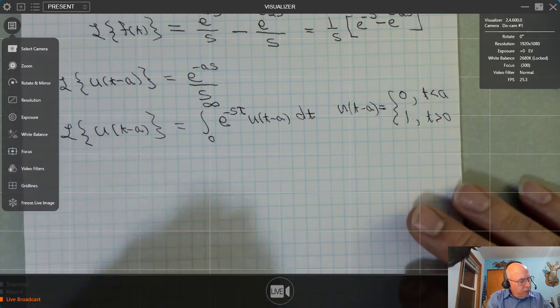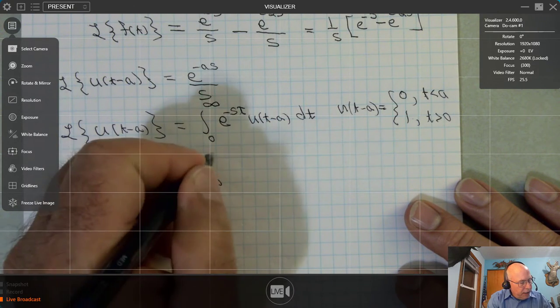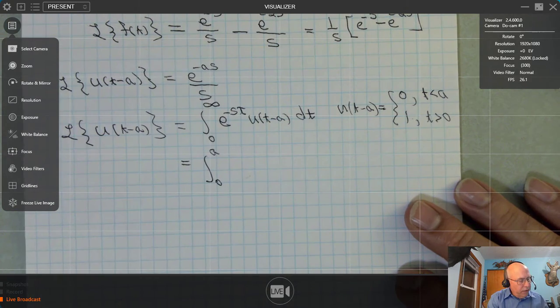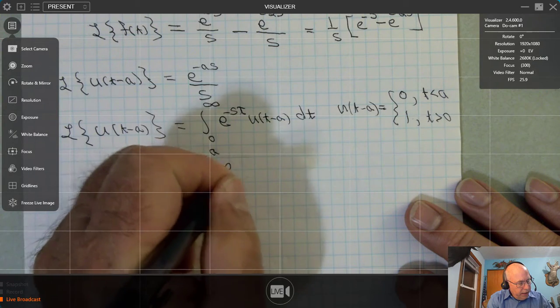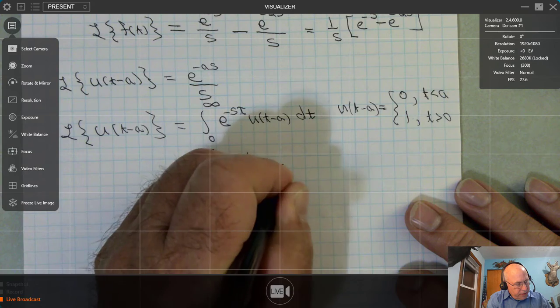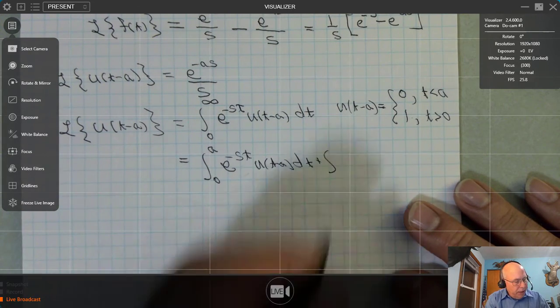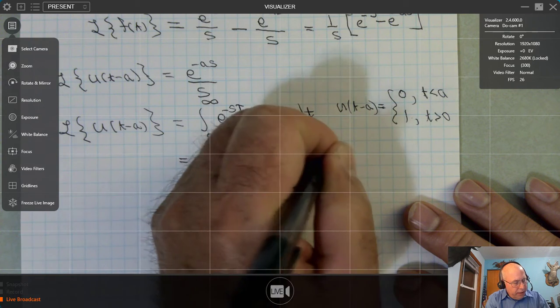So one way of thinking about this is the following. We could split this integral up. We could integrate over the interval from 0 to a, and then we could follow up by integrating from a on out to infinity.